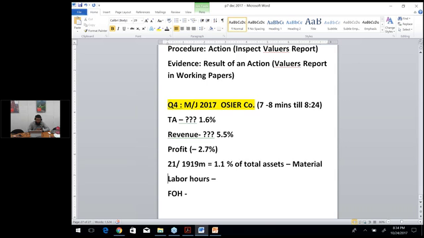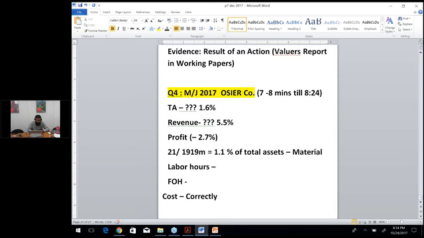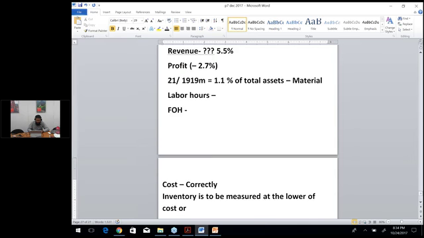But now what is actually the problem is that they have measured the cost correctly, but the inventory is to be measured at the lower of cost or NRV.